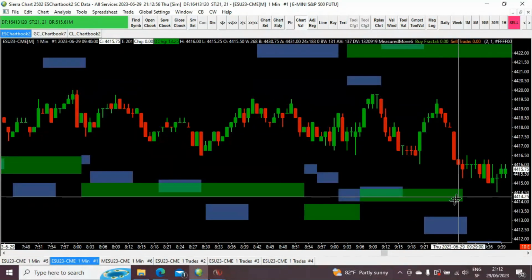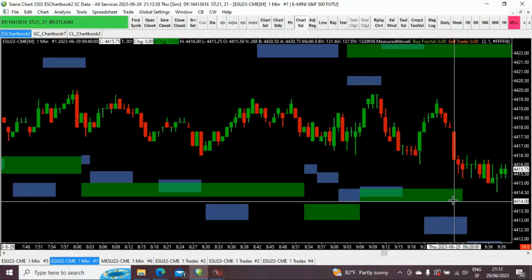But with the macro level, there's a good chance, it's not 100%, nothing's 100%, that price will reverse when it reaches one of these green levels. Now, I think we'd all agree that if we have something that gives us a heads up 30 minutes in advance, the price is likely to hit this level and stop there. It may not reverse, but it will probably stop there.